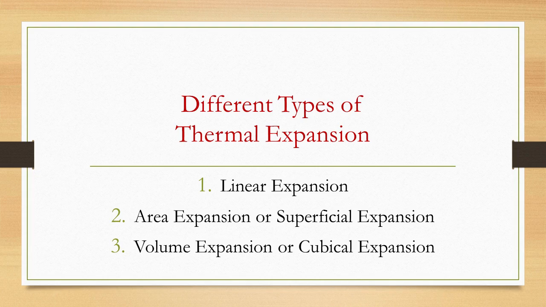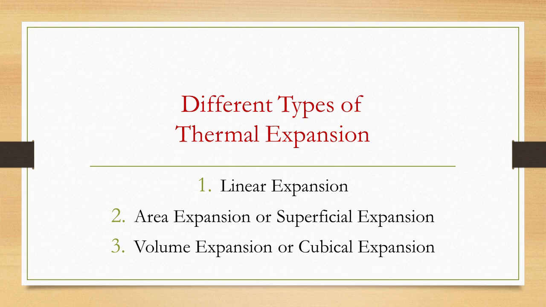Now when we're talking about cubical expansion, for example, a steel block with a volume of 1 cubic meter might expand to about 1.002 cubic meter when the temperature is raised by about 50 Kelvin.